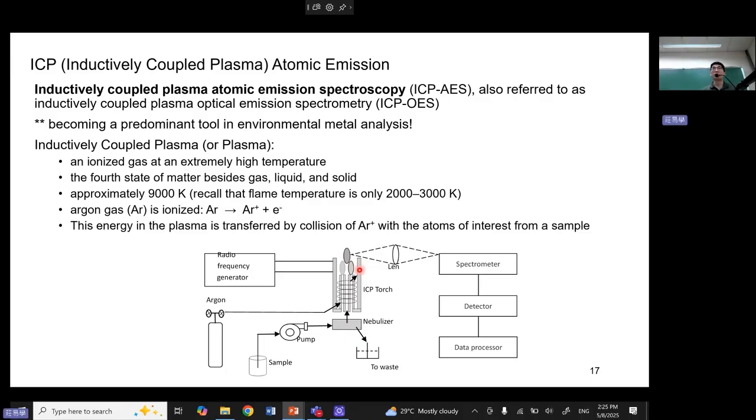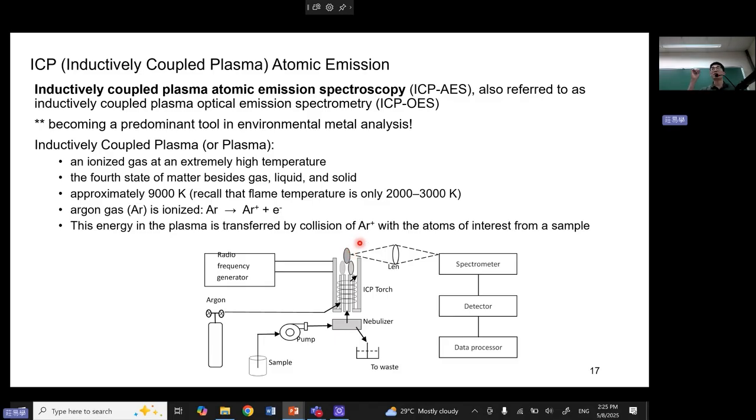Okay, so let me repeat it again. When the aerosol containing your key target elements arrives, the collision between plasma and your target analytes excites them. The plasma excited your target analytes.